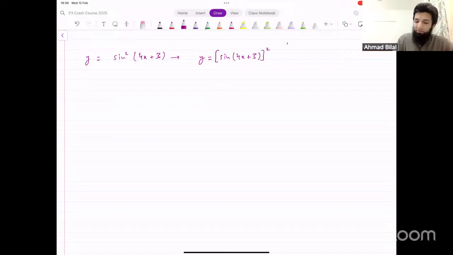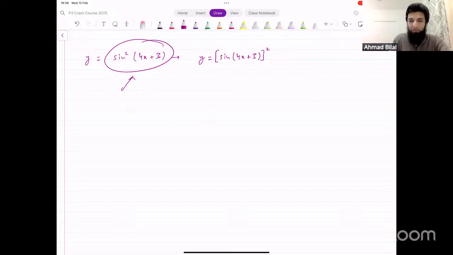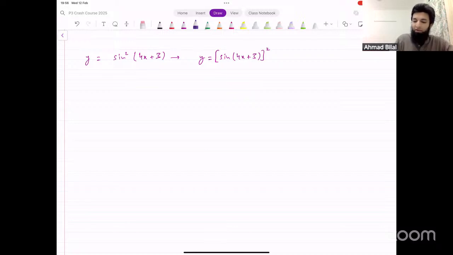This is the proper mathematical way of writing that. This is just a short form for that. So if you notice here, the outer thing is the power function. Now if you differentiate it, it's going to look like this, dy/dx. Apply the power rule on this. You multiply by the power, so 2 gets multiplied here.